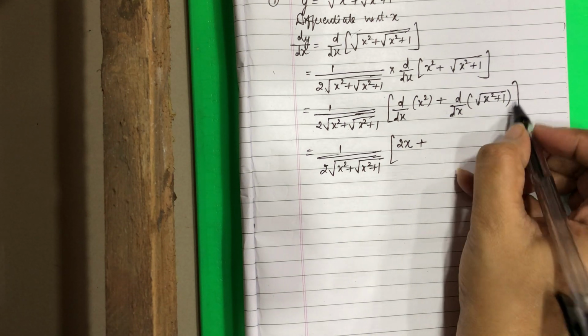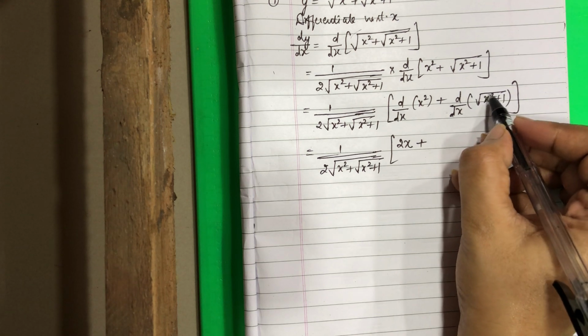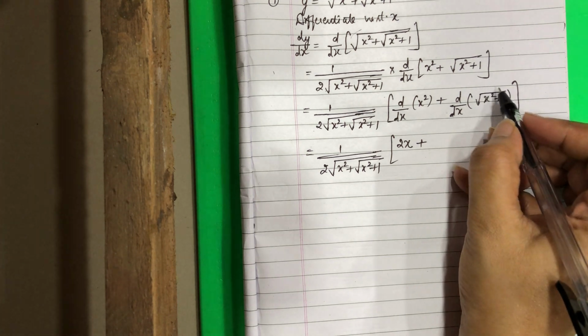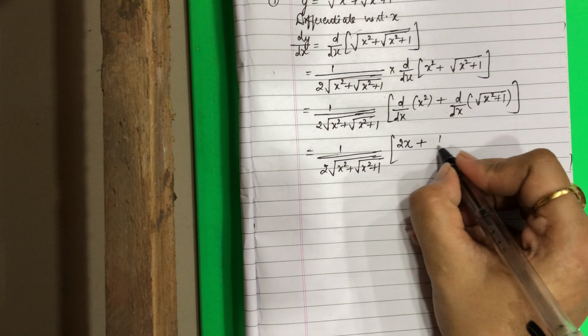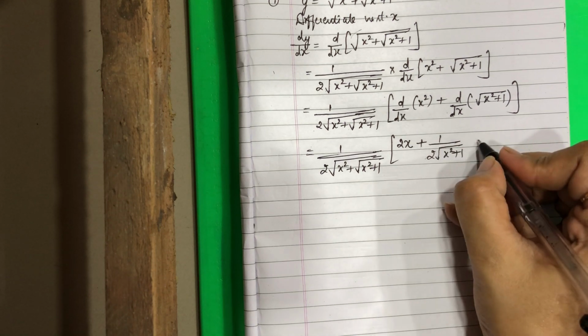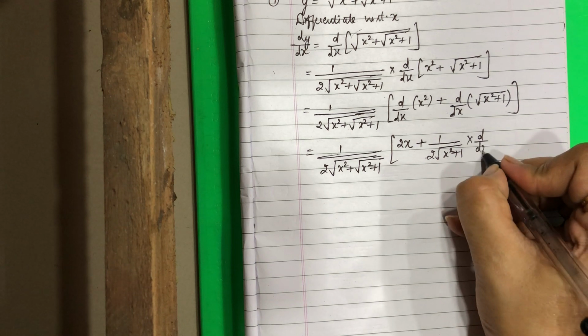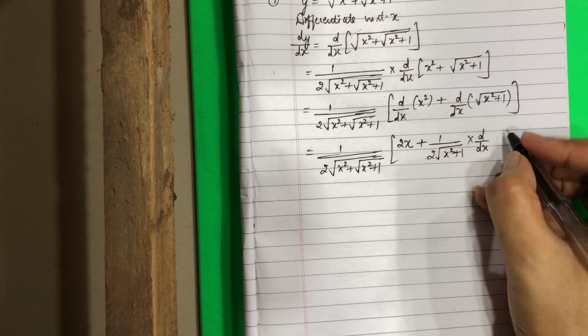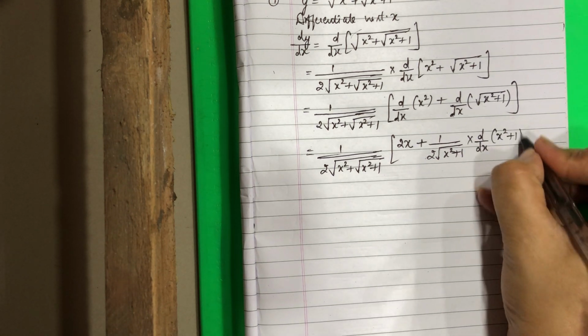Again, this is a composite function. First, please differentiate the square root, that is 1 upon 2 root x square plus 1 into d by dx of the function, that is x square plus 1.